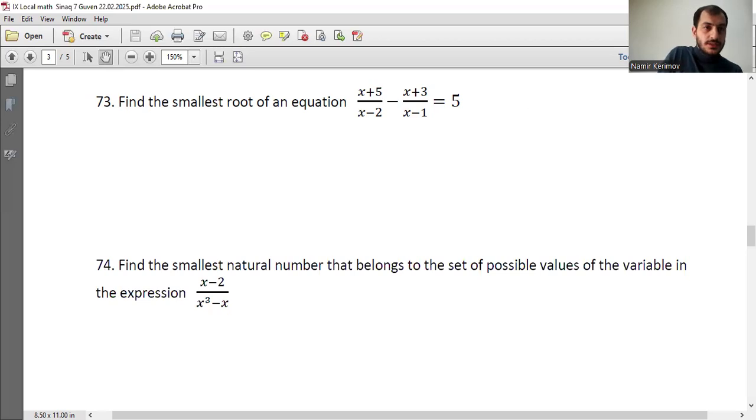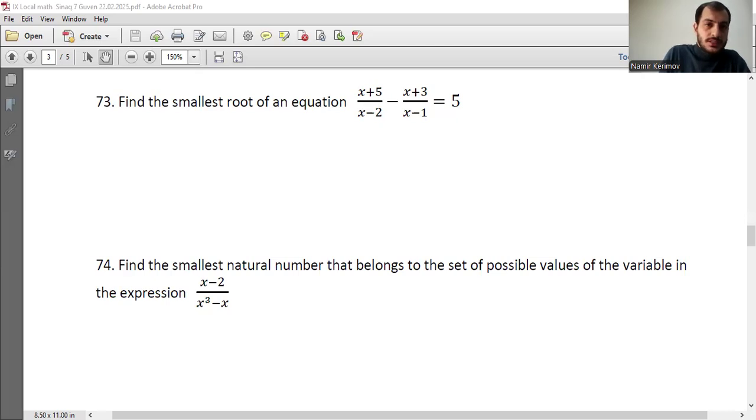In 73, find the smallest root of the equation. Here, as we learned in fractions, we have to make the denominators the same. We can make them the same by multiplying the first one by x minus 1, and the other one by x minus 2.